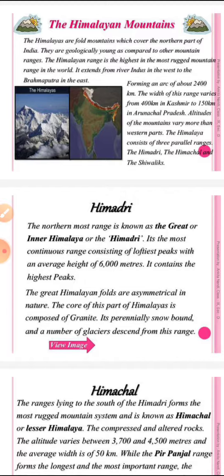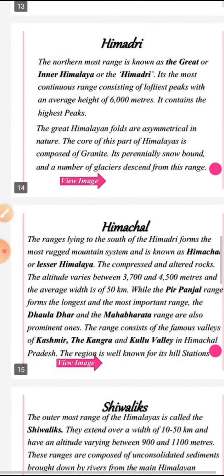This range is asymmetrical in nature, meaning it is not the same in size and height. The core of this range is made up of granite, an example of igneous rock.